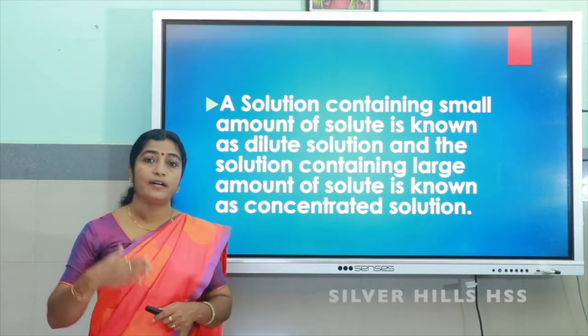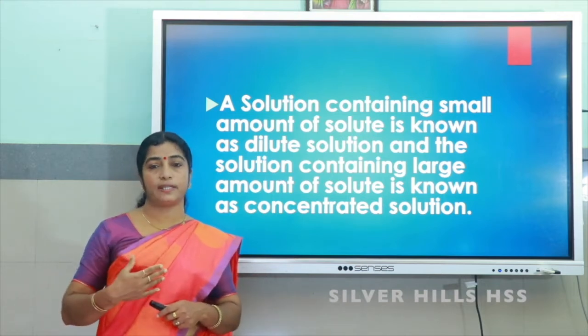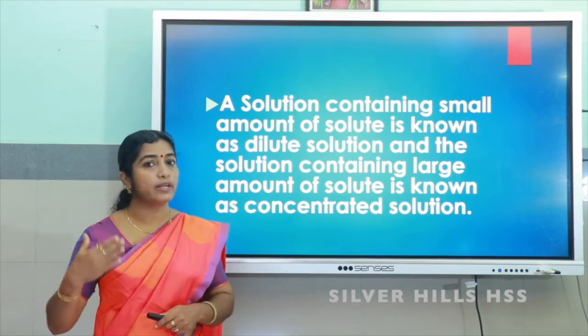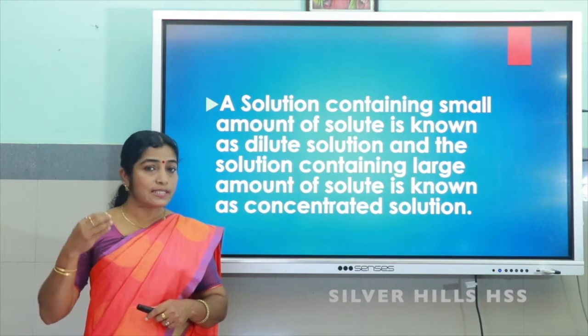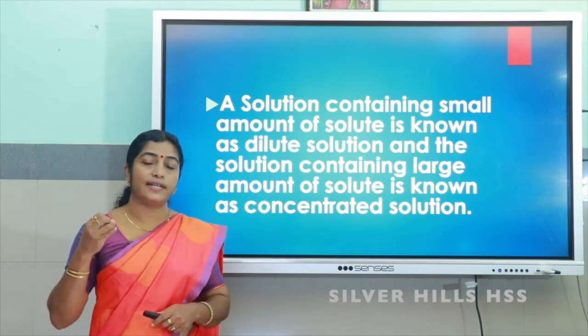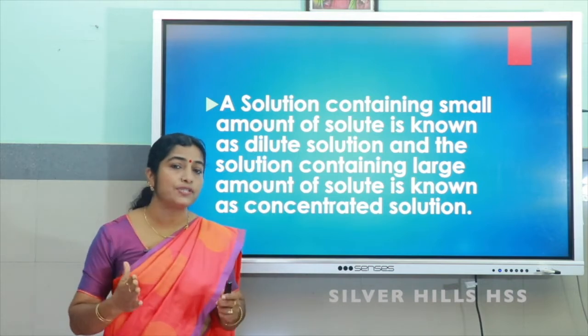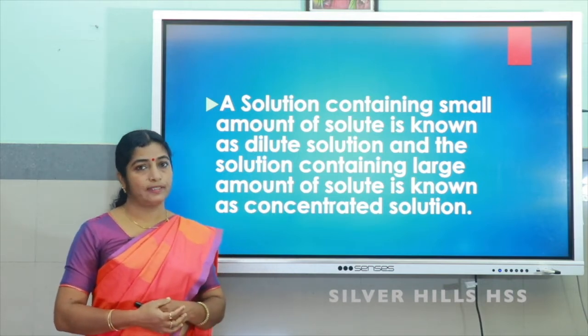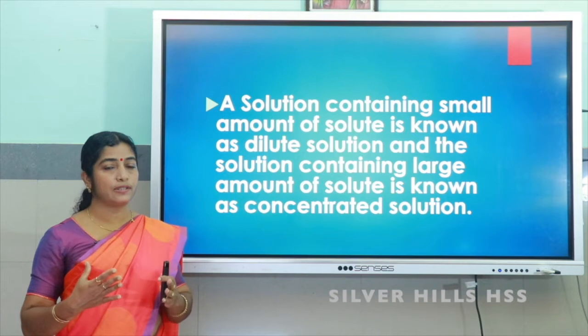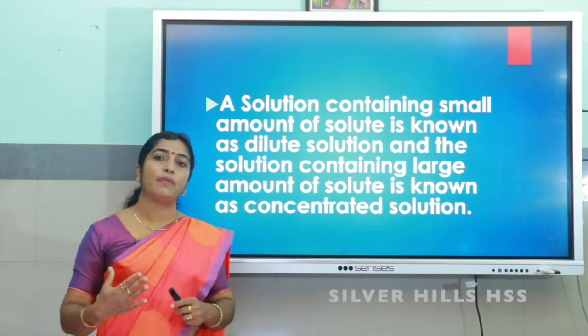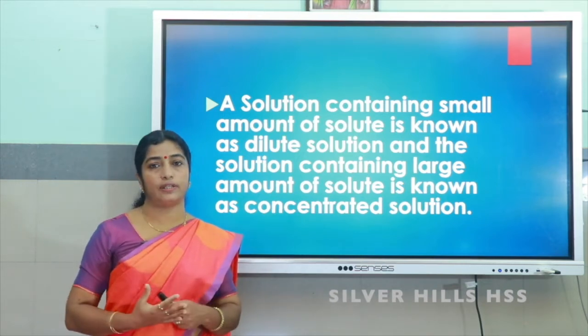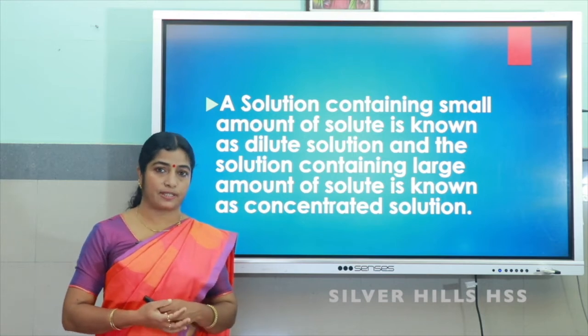Now let us add more and more salt in this beaker. Gradually add more and more salt till no more salt dissolves. Now this solution is known as a saturated solution. That is, in a saturated solution, maximum amount of solute is dissolved at a given temperature.